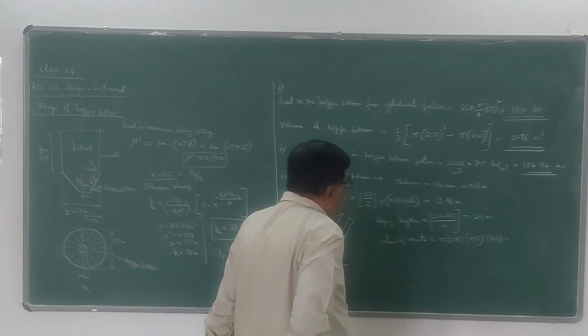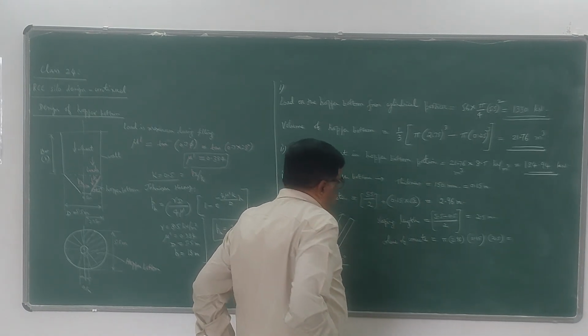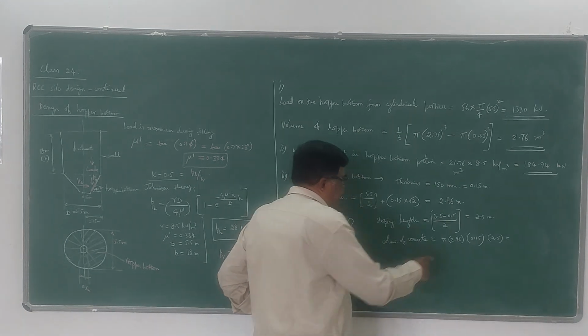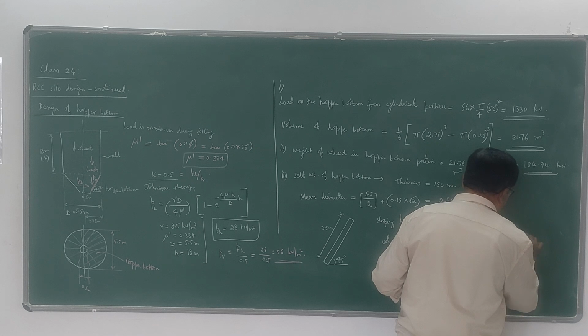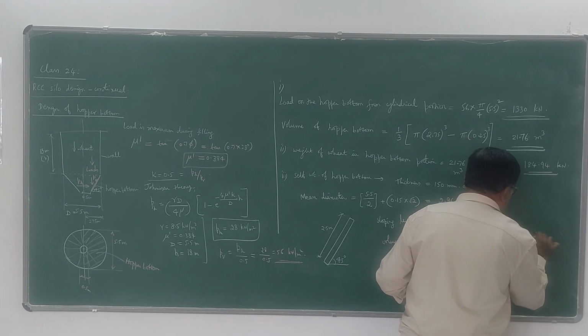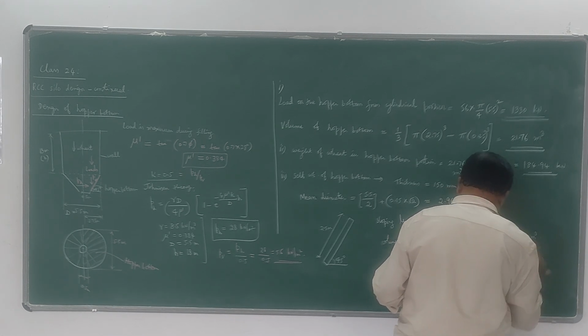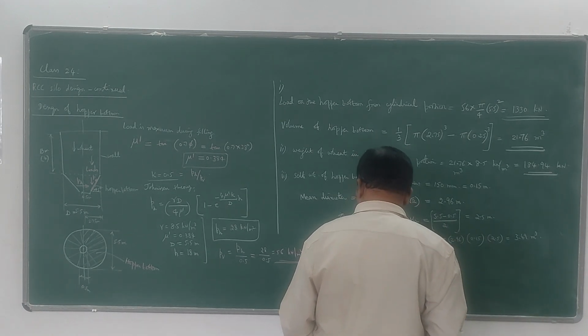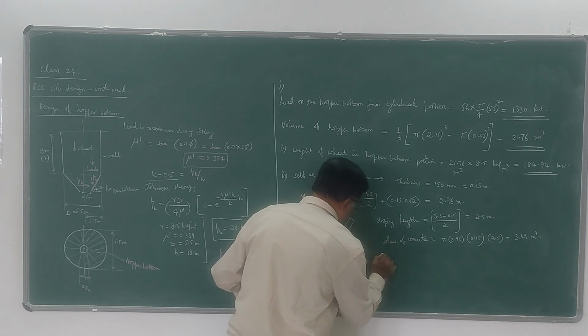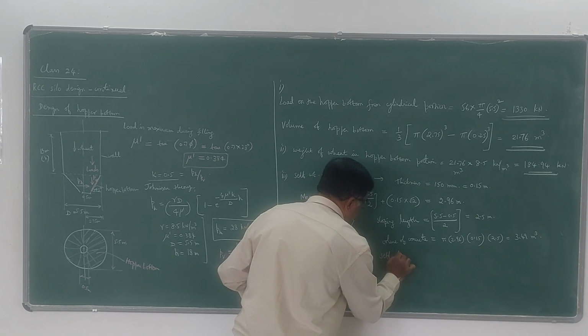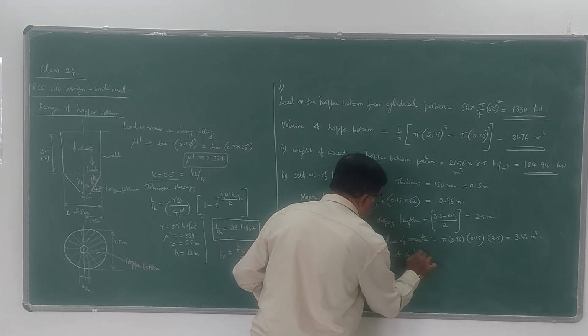So it is the length multiplied by thickness multiplied by the circumference, pi into d. This comes out to be 3.49 meter cube. When this volume of concrete is multiplied by the density of concrete, you get the self weight of the upper bottom.